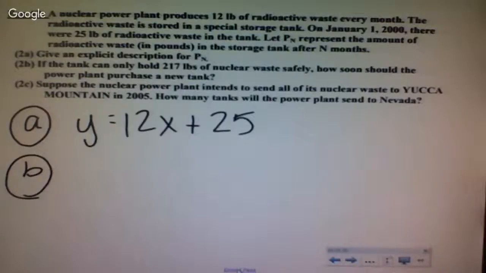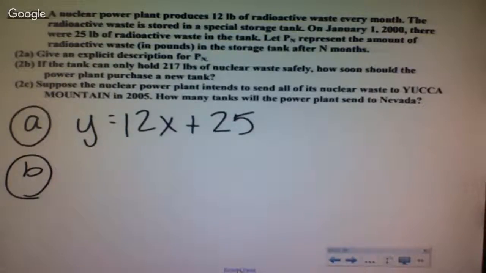My word problem says that I'm increasing by 12 pounds of radioactive waste every month, and we started with 25 pounds of radioactive waste in the tank.